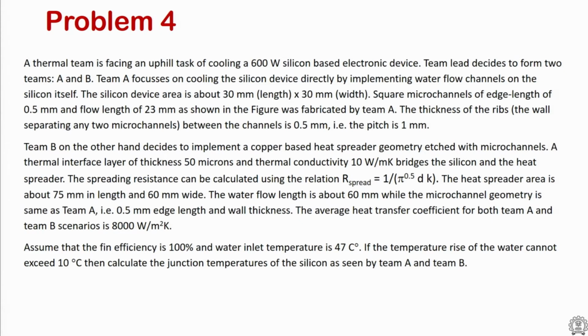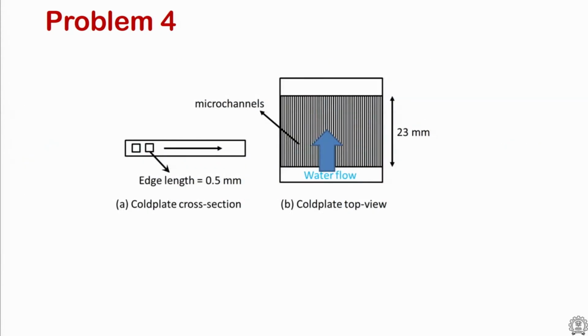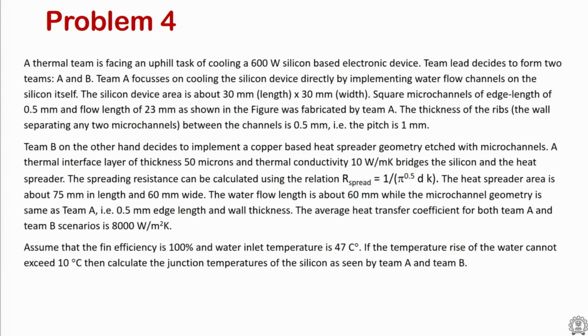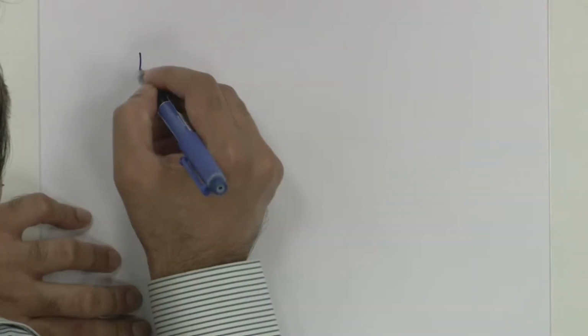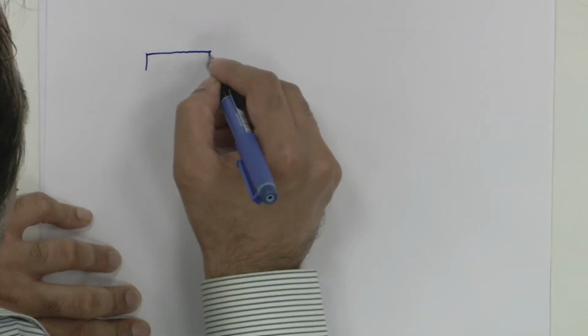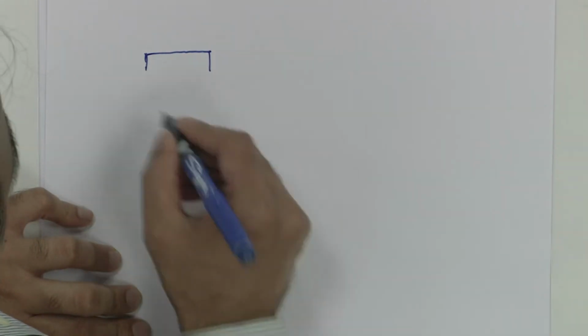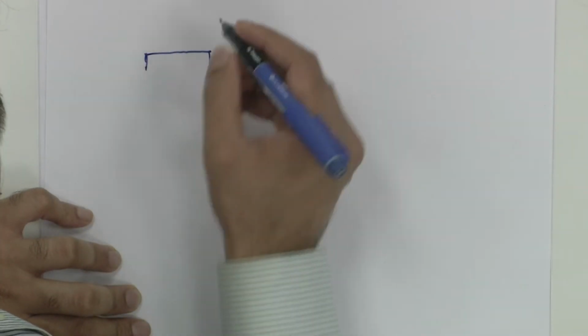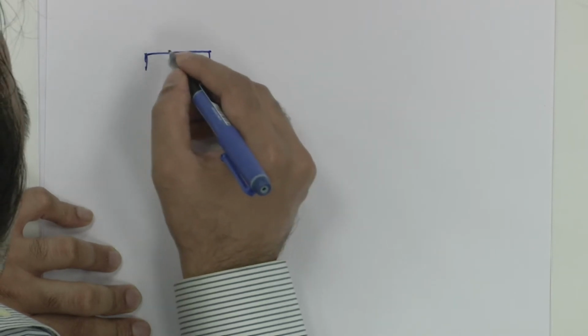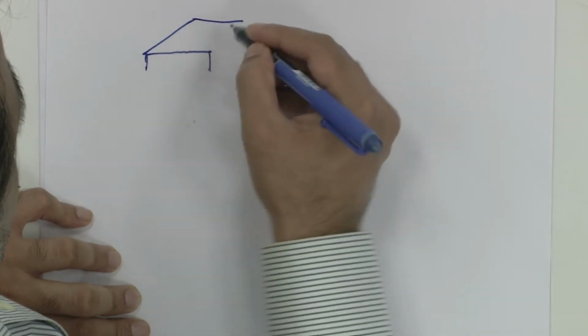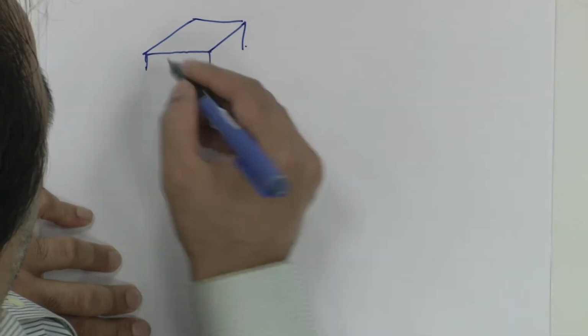And the goal of the problem again seeks two types of solution. There is a silicon device, and there are two teams. One team says putting microchannels on the silicon itself is sufficient.